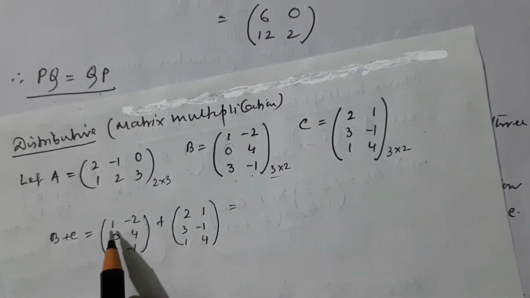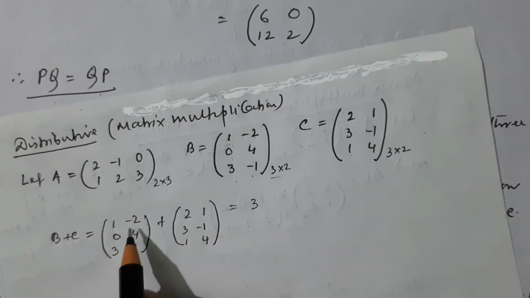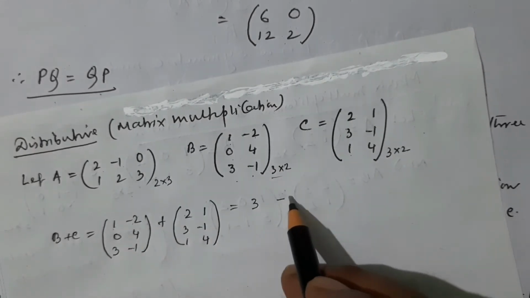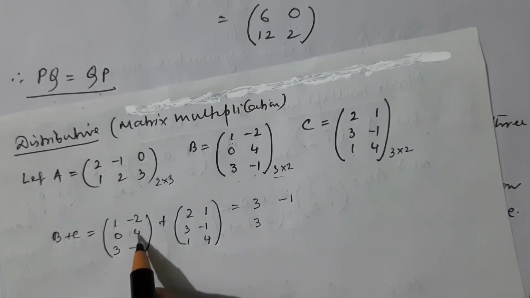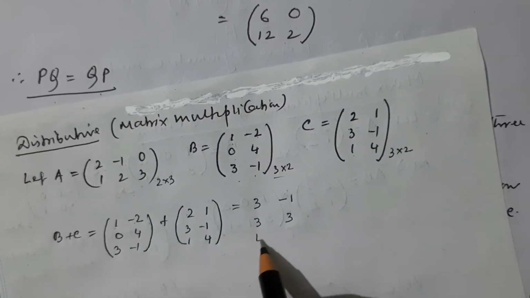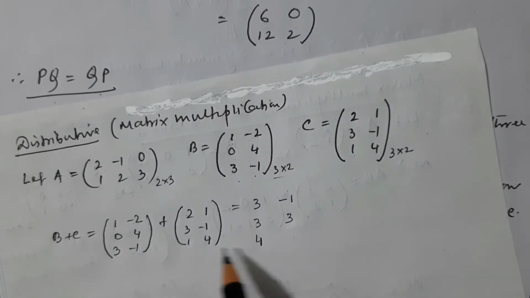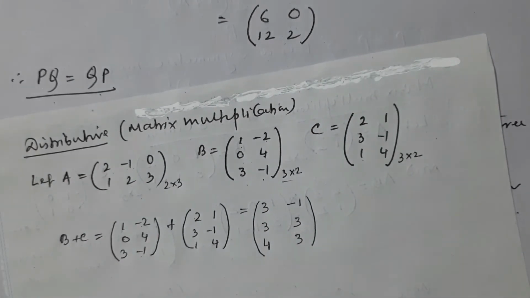Corresponding addition: first this plus this, 1 plus 2 is 3, minus 2 plus 1 is minus 1, 0 plus 3 is 3, 4 plus minus 1 is 3, 3 plus 1 is 4, minus 1 plus 4 is 3.